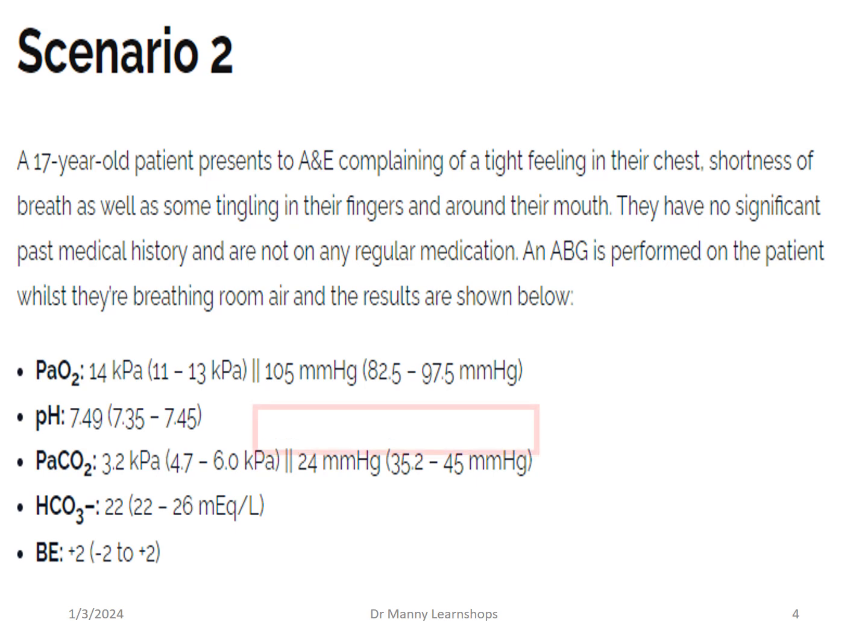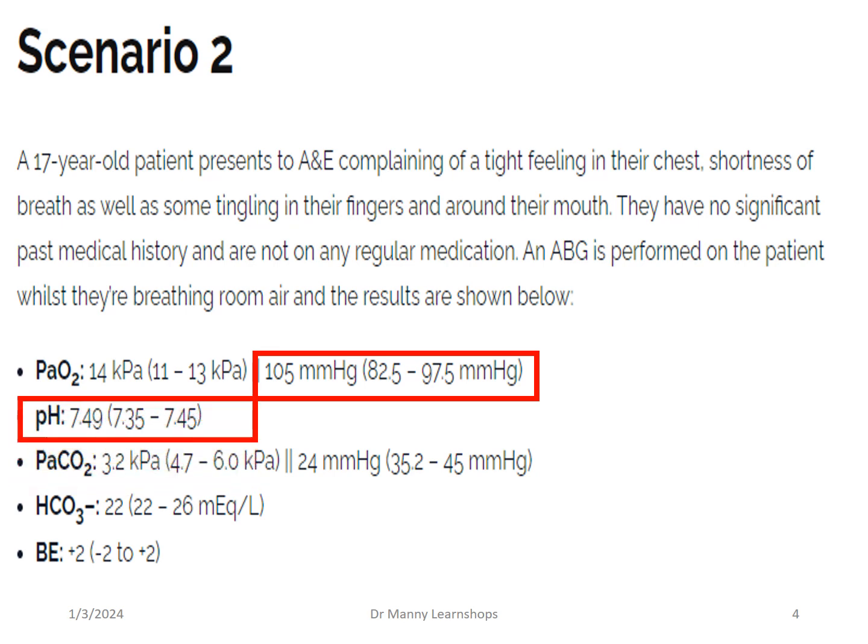So when we look at the blood gases, we have a PaO2 of 105, which essentially is normal, if we look at the range of 80 to 100 millimeters of mercury in the initial slide. Then you've got a pH of 7.49, which is high, indicating alkalemia.